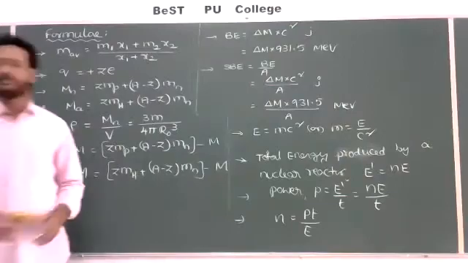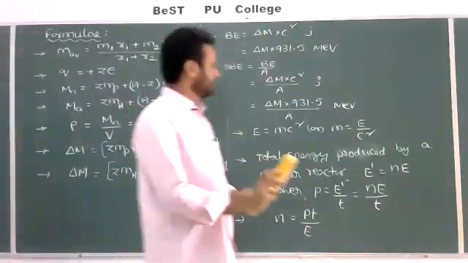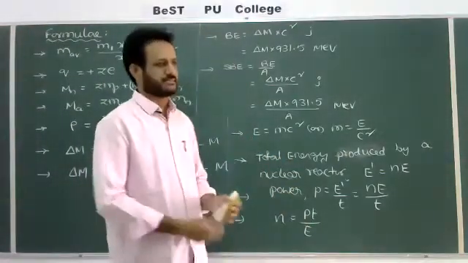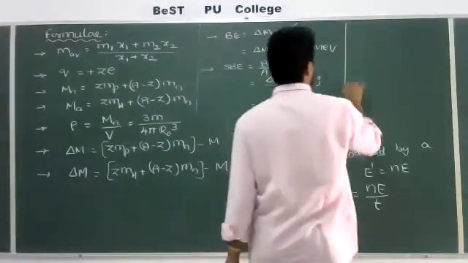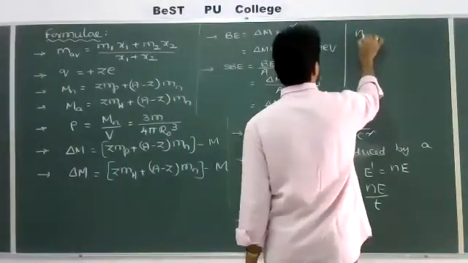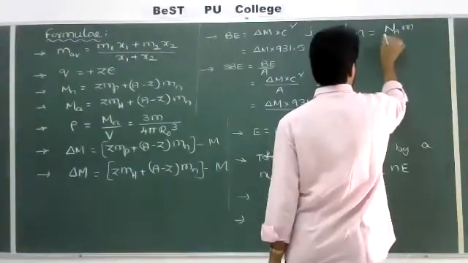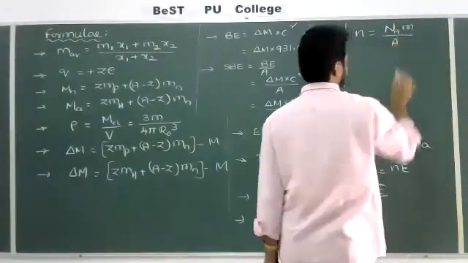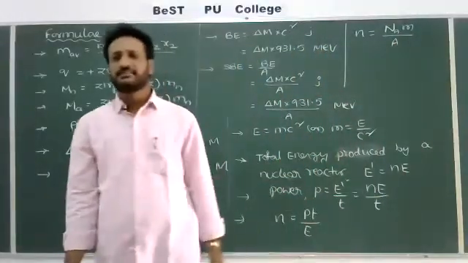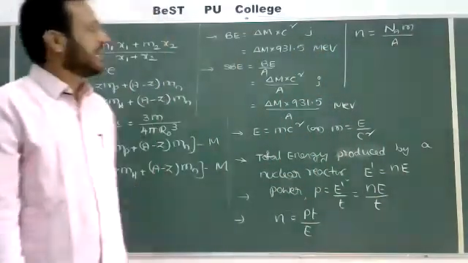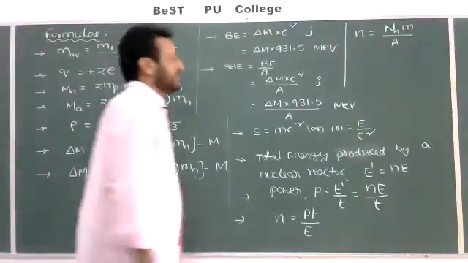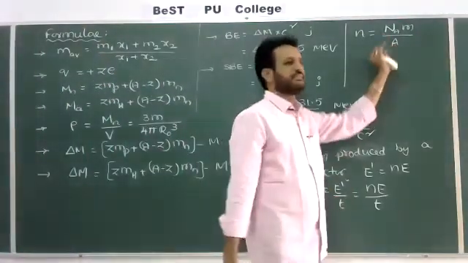But whenever you want to find the number of atoms when mass is given, use the Avogadro hypothesis concept. According to the Avogadro hypothesis, number of atoms N is equal to Avogadro number into mass of the sample divided by mass number.